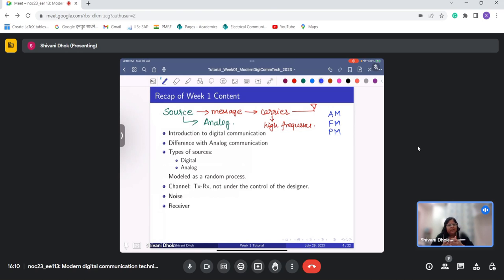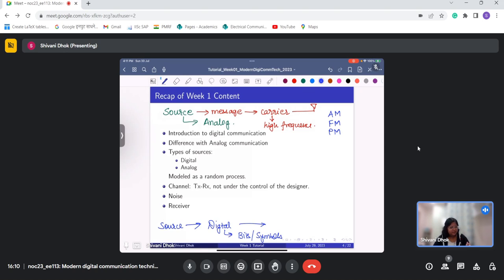Now when we move from analog to digital, the source will initially be analog, which we convert to some digital stream. This digital stream will generate bits or symbols, and then we'll do some sort of encoding and modulate it, using modulation techniques similar to analog: amplitude based, frequency based, and phase based modulation schemes, and then transmit it.